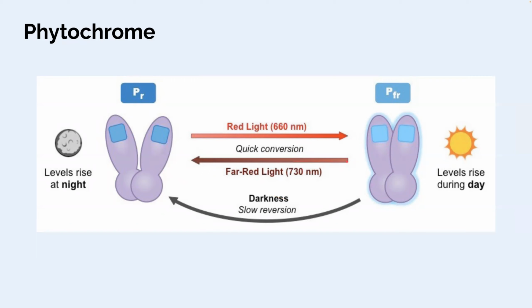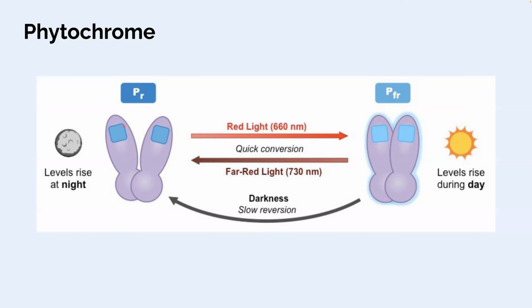So depending on which light is more abundant, red light or far red light, if you have a lot of red light, you're going to have a lot of PFR. If you have a lot of far red light, you've got a lot of PR. So it takes a little while to think about it. So they're named by the color that they absorb. So if they absorb far red light, that actually decreases the amount of PFR because they've converted into PR.